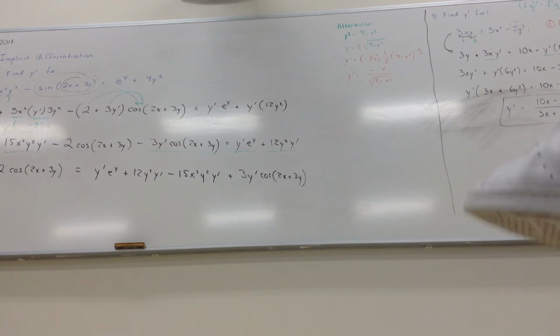Y prime equals 2 cosine of 2x plus 3y minus 10xy to the 3 over, bueno, el orden lo tengo 15x squared times y squared minus 3 cosine of 2x plus 3y minus e to the y minus 12y. No, ya me acuerdo.